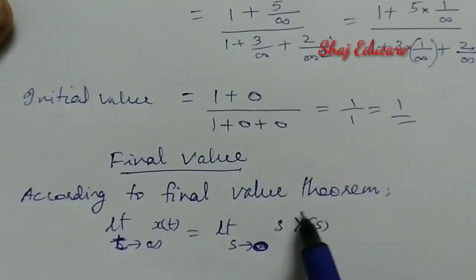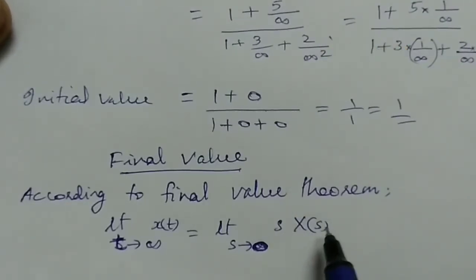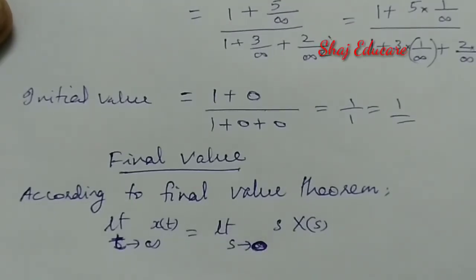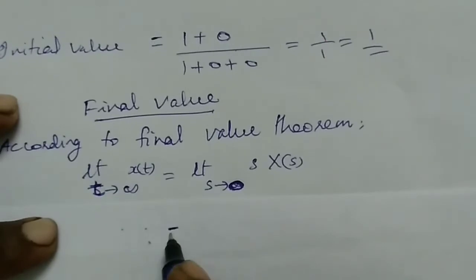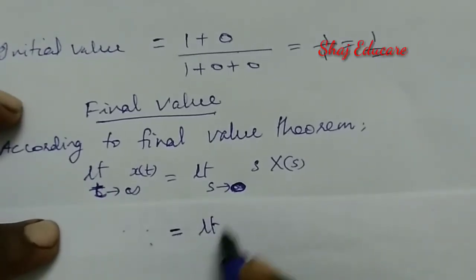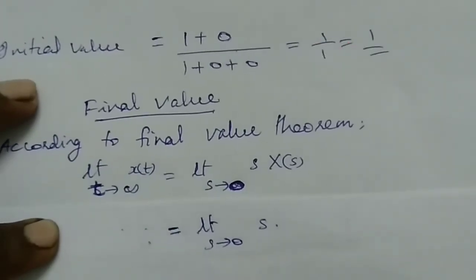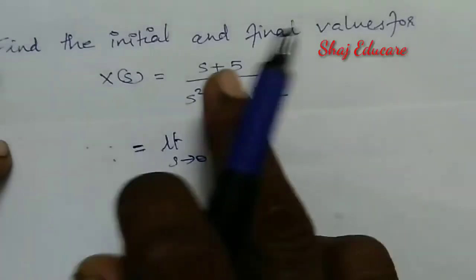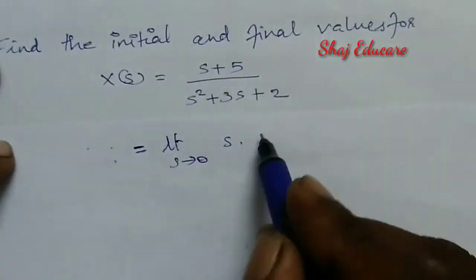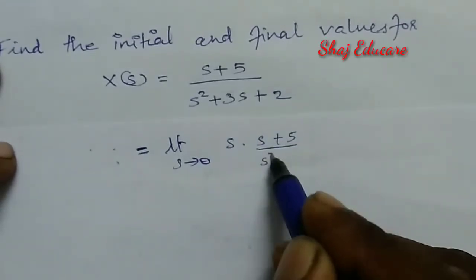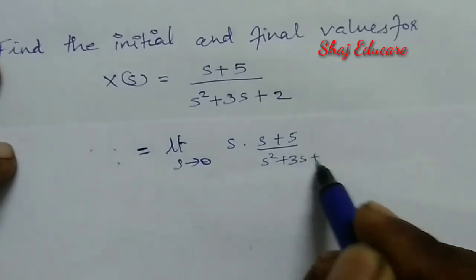We have X(s) from the question, so let us substitute for X(s) here. X(s) is equal to (s + 5) divided by (s² + 3s + 2).